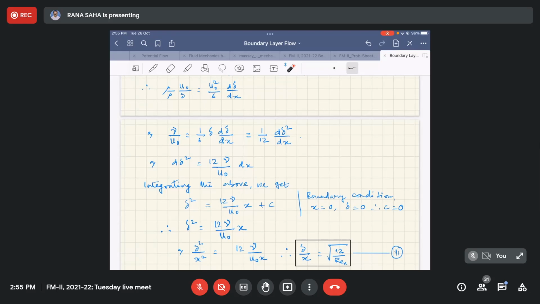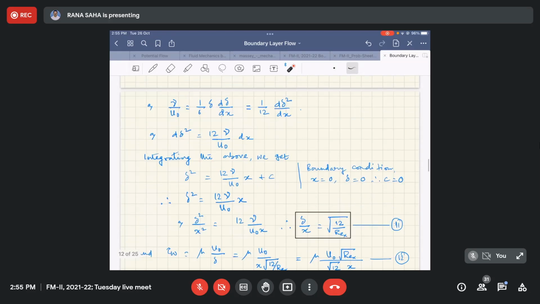of x. So you get this relation delta by x with respect to the Reynolds number, which is also eventually function of x.